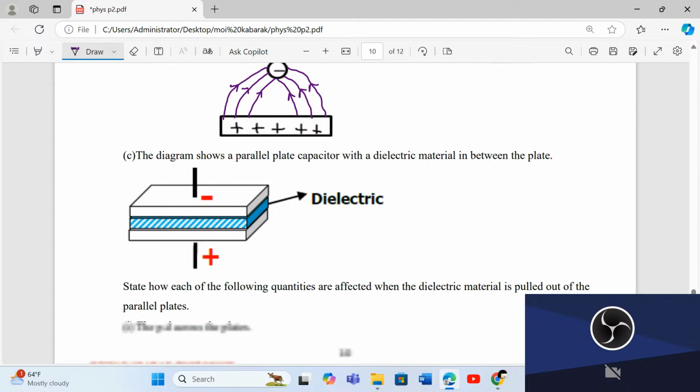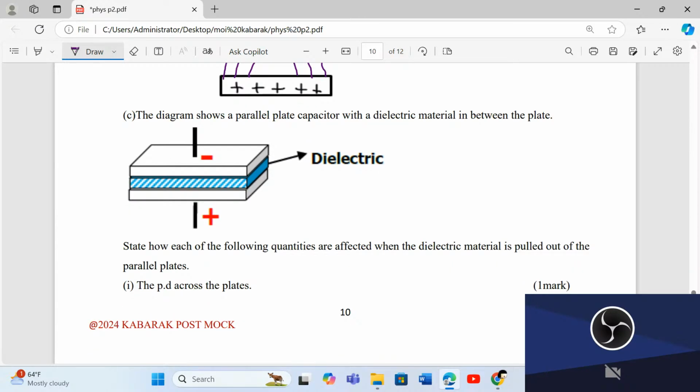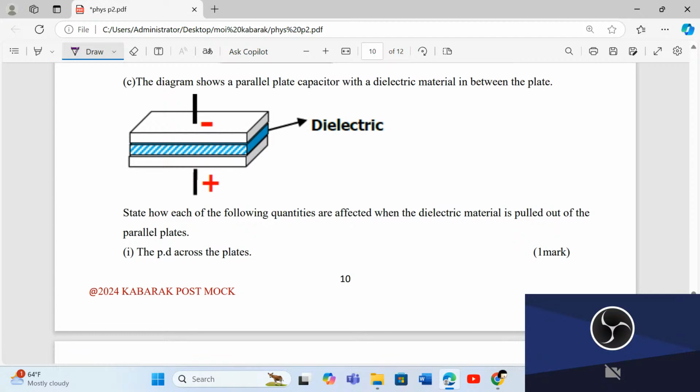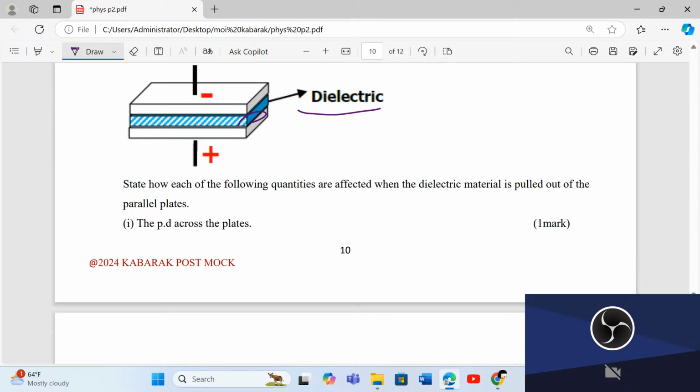This is a parallel plate capacitor with a dielectric material in between the plates. You can see where the dielectric material is. State how the following quantities are affected when the dielectric material is pulled out of the parallel plates.